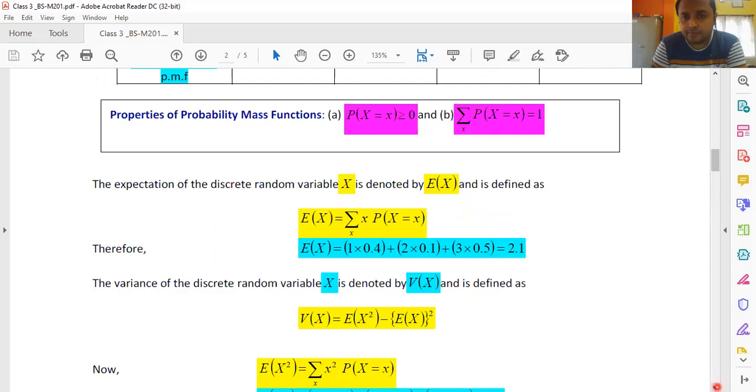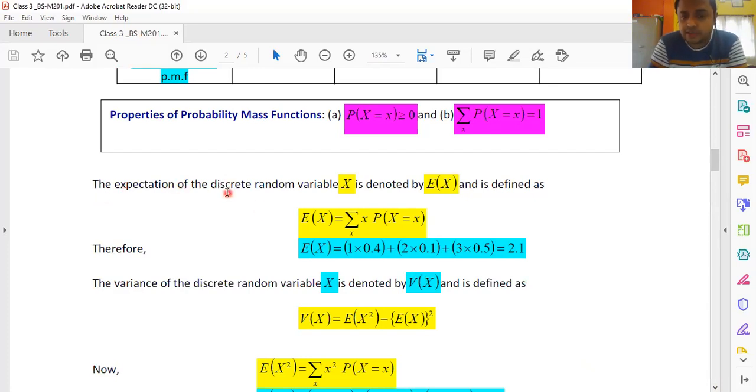Now, what do we mean by the expectation of the random variable? First of all, let me talk about the technicality of these two terms, expectation and variance. Let us try to find out how to calculate the expectation of the discrete random variable capital X and the variance of the discrete random variable capital X. Let us try to know the formula first, and then I shall explain what actually I am doing.